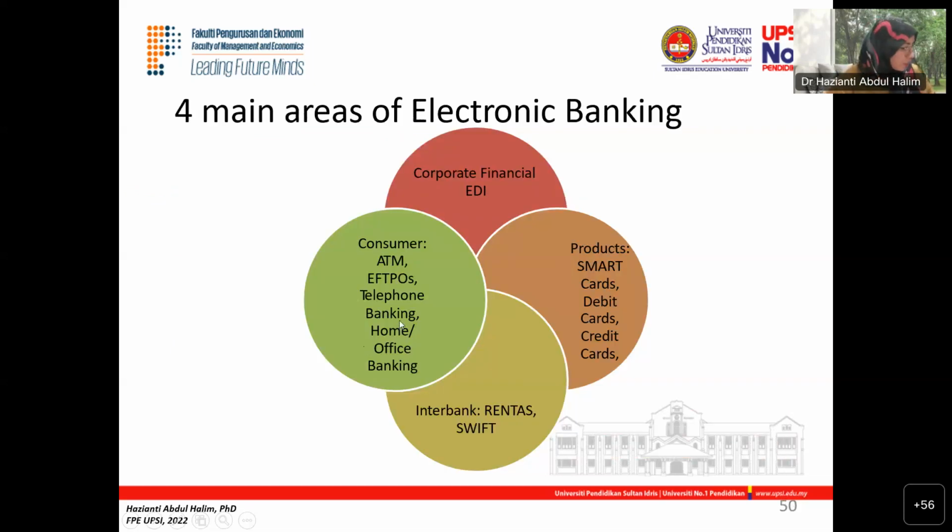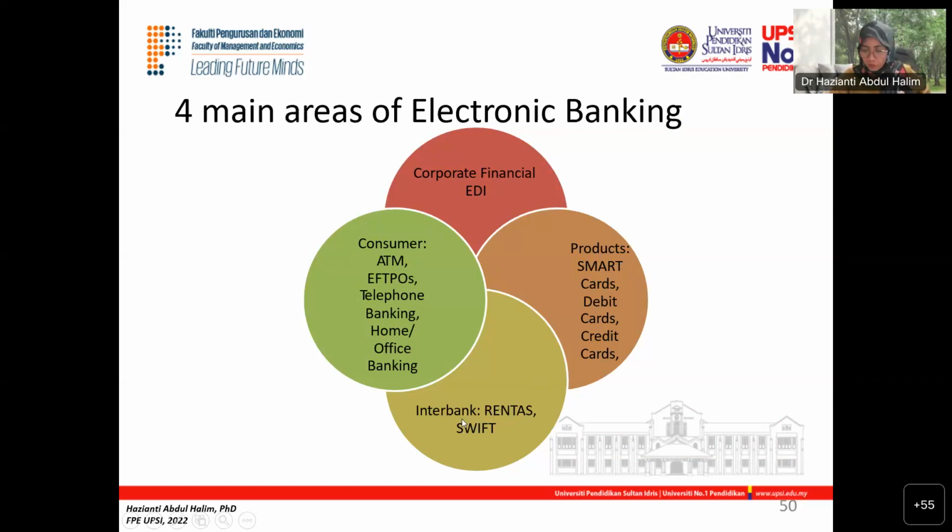Electronic banking, okay, electronic banking pun ada dalam buku, but for here under these notes what we have here is a few examples sahaja, 4 main areas whereby we have corporate financial EDI, consumer products and also interbank.